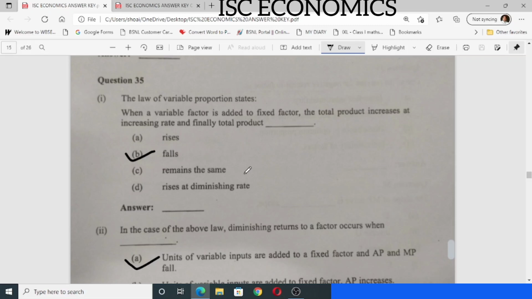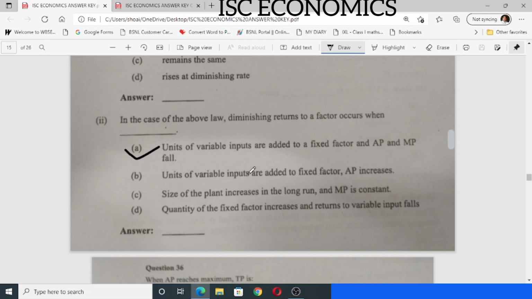The law of variable proportion states when a variable factor is added to a fixed factor, the total product increases at an increasing rate and finally total product falls. Number 2, the correct answer is A.